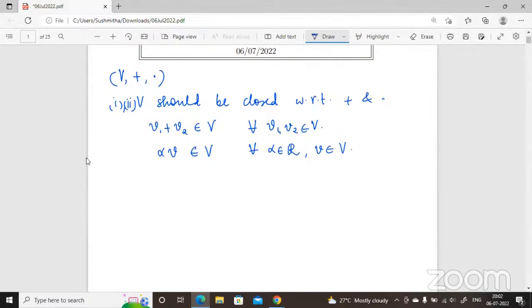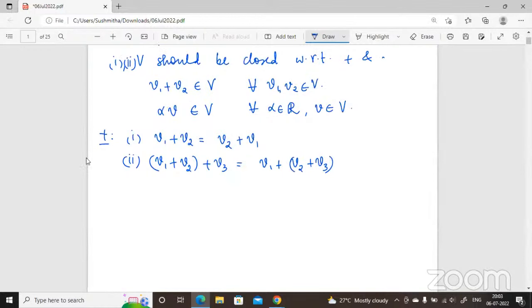And along with this, we had a set of axioms that had to be satisfied. With respect to plus, we had 4 axioms. One was that it should be commutative, so the order in which you add the vectors shouldn't matter. Associative, again, is about the order of adding the vectors.